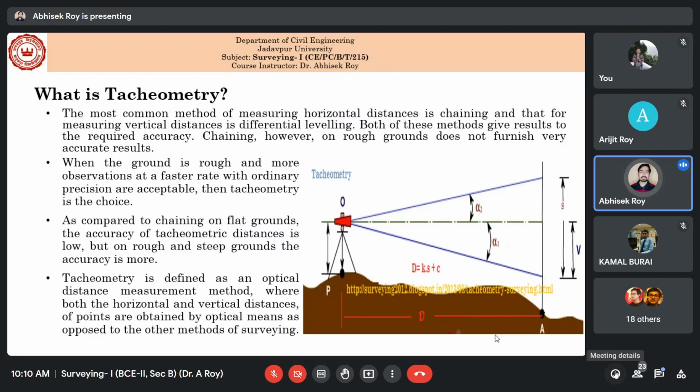Although the method is very fast, and you can measure both the horizontal and vertical distance, the accuracy is a little bit less. If you compare the accuracy of chaining in a normal flat ground, but if you compare the accuracy of chaining in an undulated ground, then we can say that tachymetry's accuracy is even more than the chaining.